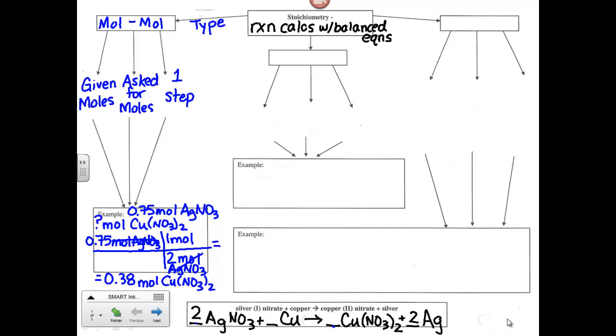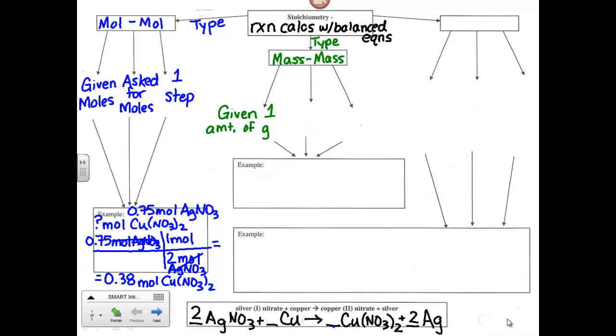The next kind of calculation that we did, we added a few more steps, and we called those mass-to-mass calculations. So how do you recognize a mass-to-mass calculation? Well, you'll be given a mass. And the key to differentiating this from limiting reactants is to note that you're only given one amount of grams.